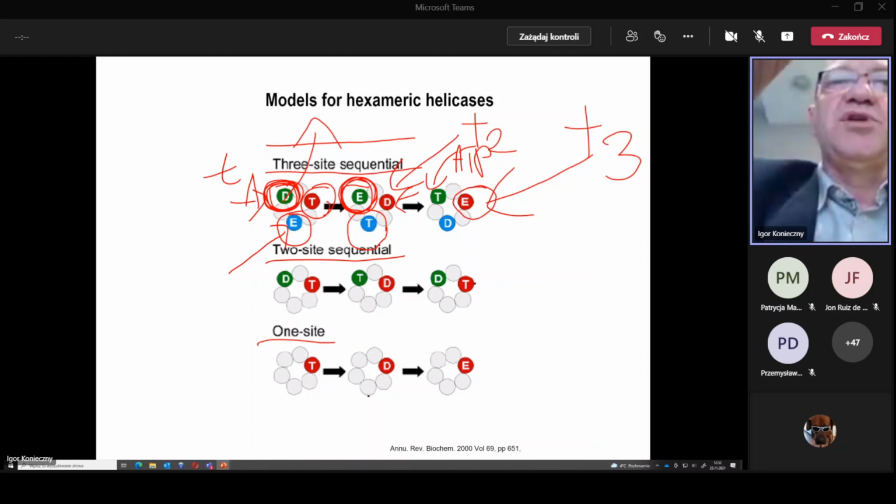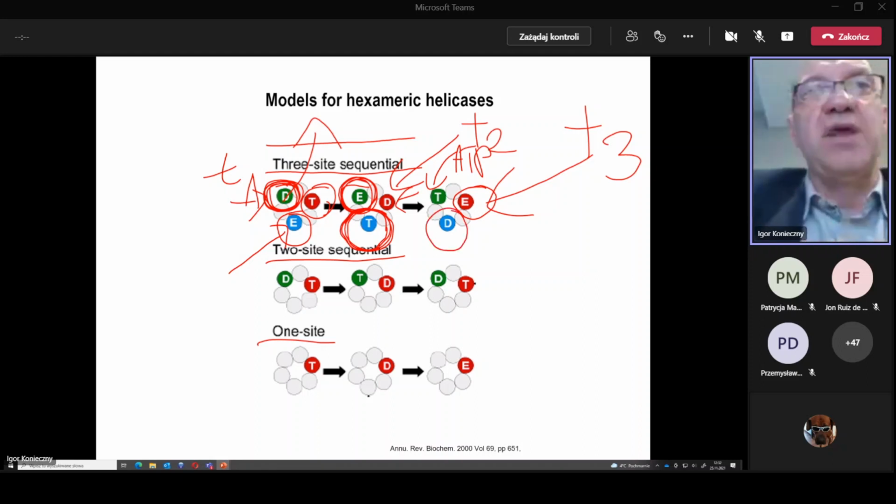And this one, which was bound by ATP, because of hydrolysis is bound by ADP in time 3. So you see that this is just the sequence of what happens with each individual catalytic subunit.